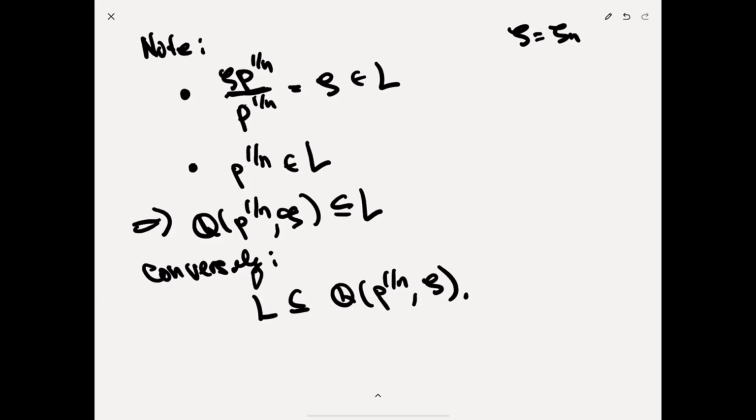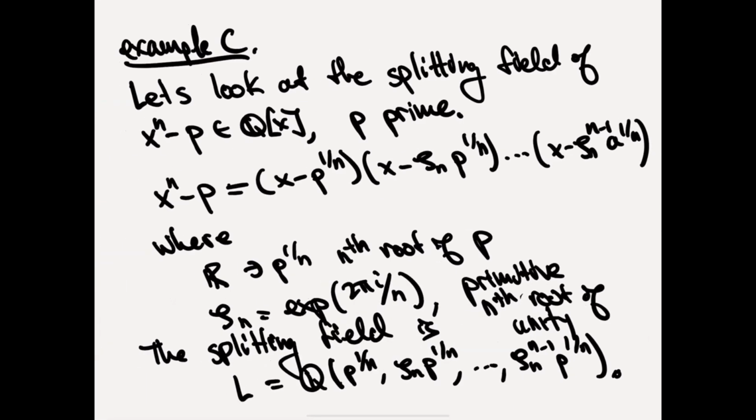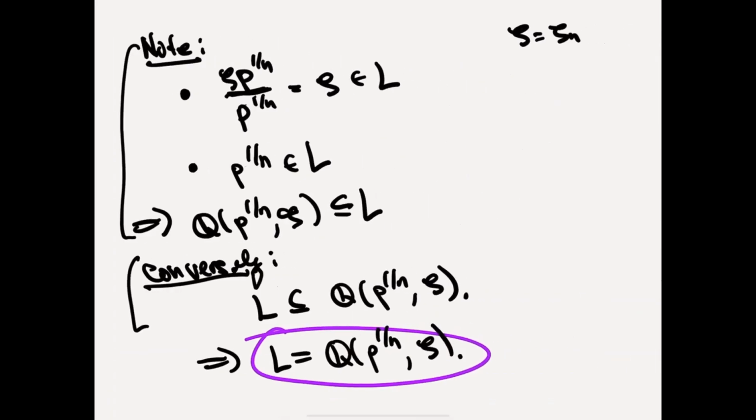So this proves that L is equal to this: we have this piece and this piece, and those two pieces tell us that we have this explicit description of the splitting field in terms of 2 generators, rather than n generators. Okay, so a lot of the times we can simplify the presentation by doing a little bit of algebraic simplification. At other times, it's much more complicated to write down explicit formulas for the fields.